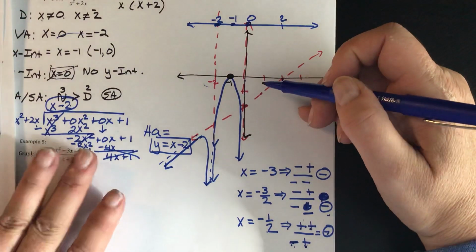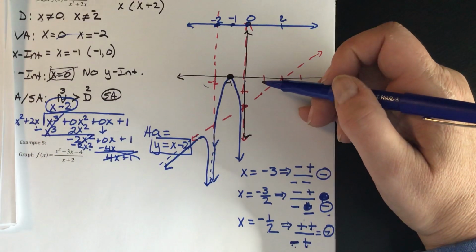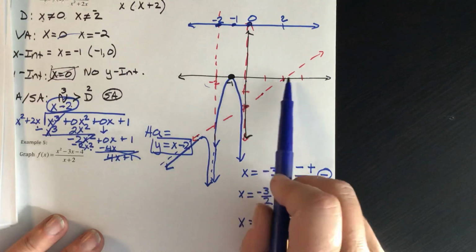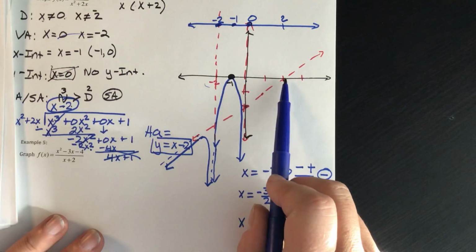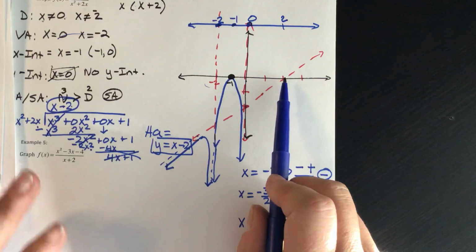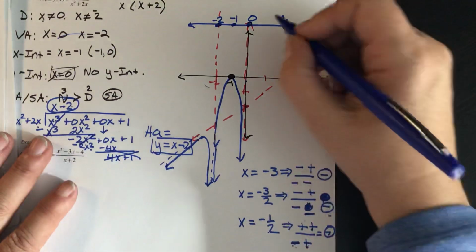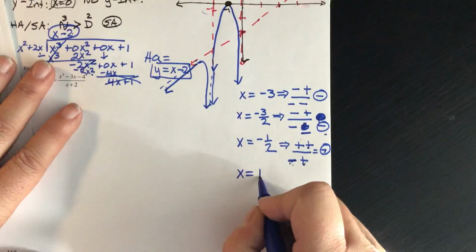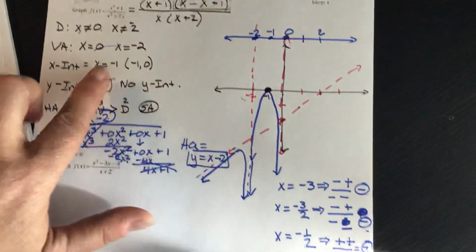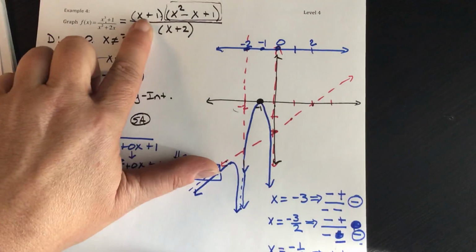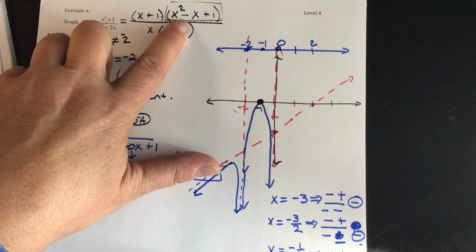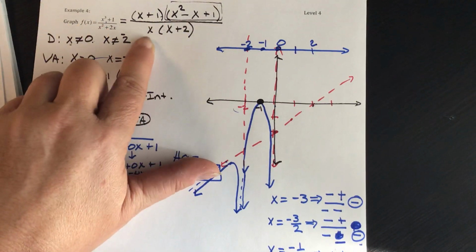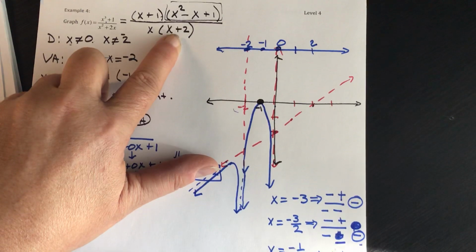Now I'm going to look at what happens to the right of 0. And to the right of 0, let's just pick a number like 1. So if x equals 1, I'm going to go back to my function. 1 plus 1 is positive, and this is going to be positive. So positive, positive on top, 1 is positive, and positive on bottom.